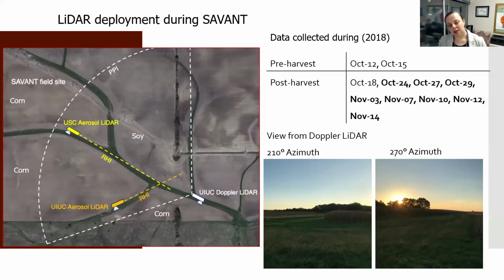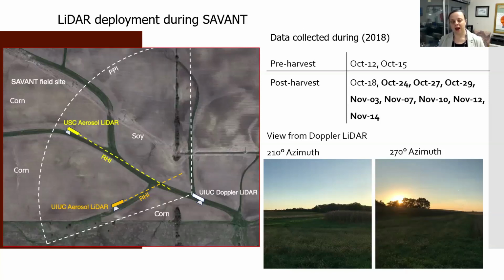The two aerosol LiDARs, one was positioned right next to the release tower. So it was scanning, the goal was for it to be scanning along the length of the plume. And the other was positioned at the top of feeder gully 2, and it was set to scan the cross plume.